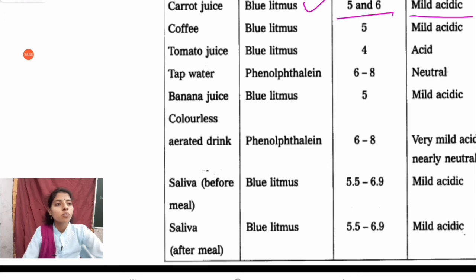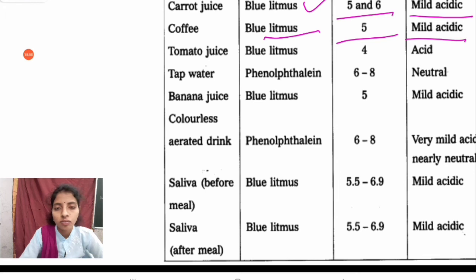So this is mildly acidic, that means it is weakly acidic. And the next one is coffee. The litmus paper changes to blue. The pH value is 5, and this is also weakly acidic. Weak acid. And next, tomato juice.